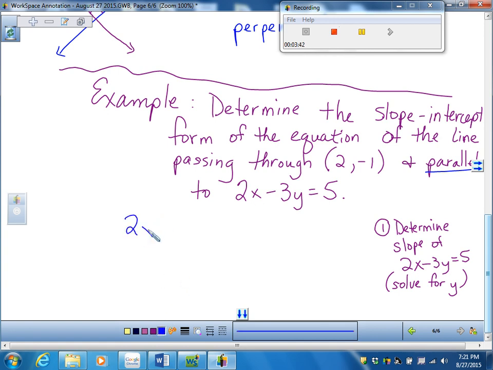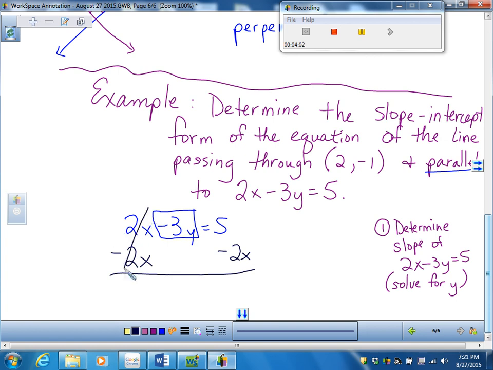So I'm going to take 2x minus 3y equals 5 and get y by itself. So this is what I want to get by itself. The first thing I have to do is subtract away the 2x, minus 2x on both sides. When I do that, the 2x's cancel on the left side.